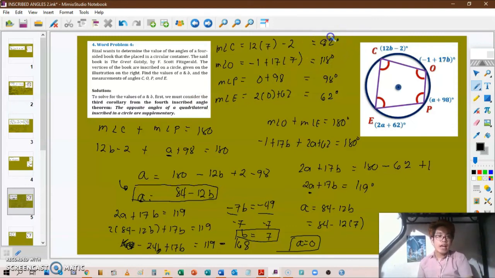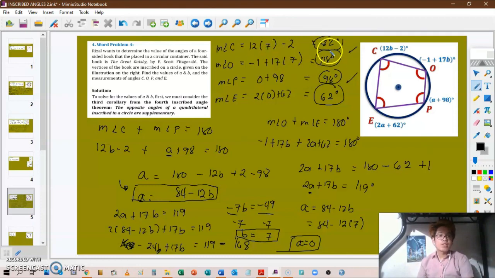If you add angle C and angle P, you will get 180 degrees, so they are supplementary. And if we add angle O and angle E, which are 118 and 62 degrees, we also get a linear pair, which is 180 degrees.